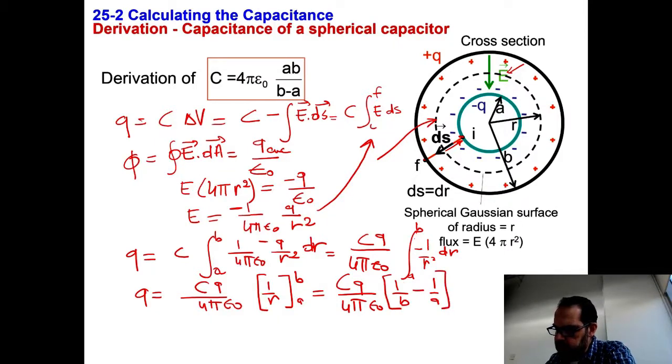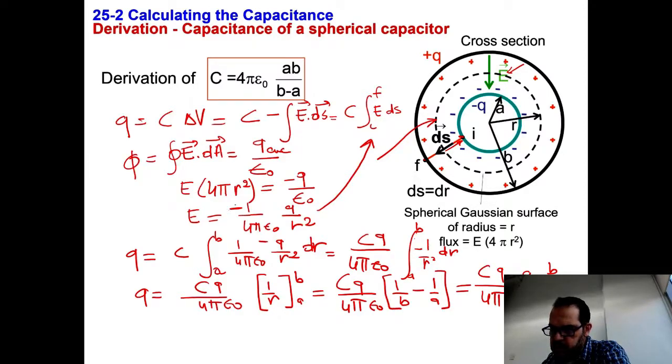Okay, it looks like somehow this is going to be equal to C Q divided by 4 pi epsilon 0, so we have A minus B divided by AB. Actually, somewhere we might have made an error with the minus. Let's use only the magnitude of the electric field.